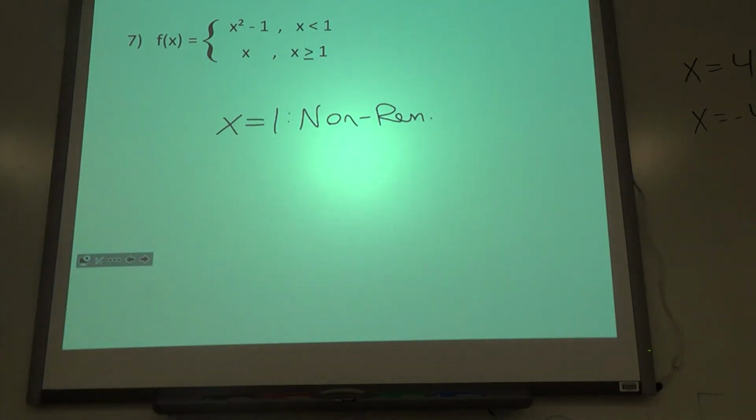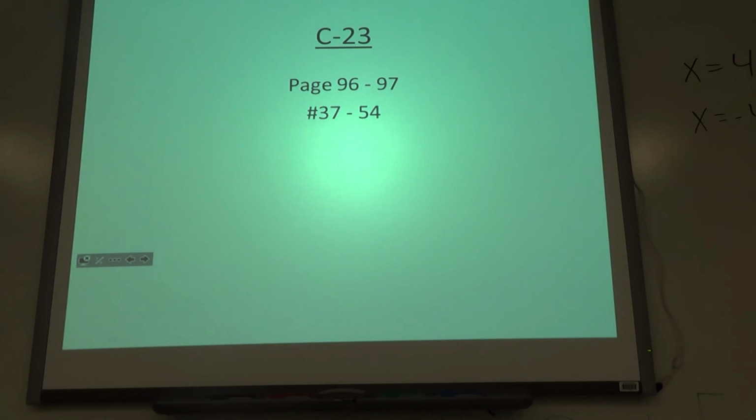You cannot find the limit as you approach 1. Okie doke. Any questions about those? Remember, graphing calculators don't show you holes, so make sure you find your x values ahead of time.